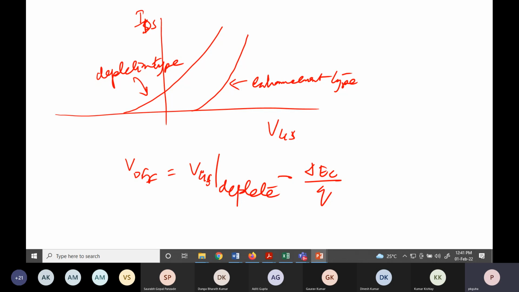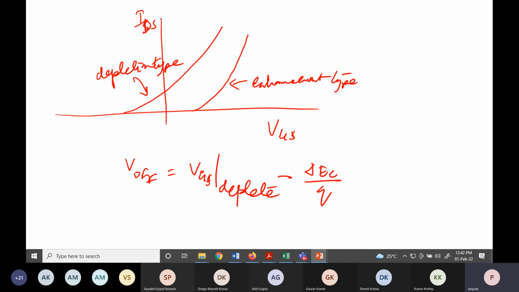If it does, it will deteriorate the performance, because then the carrier will flow through the aluminum gallium arsenide instead of through the notch.